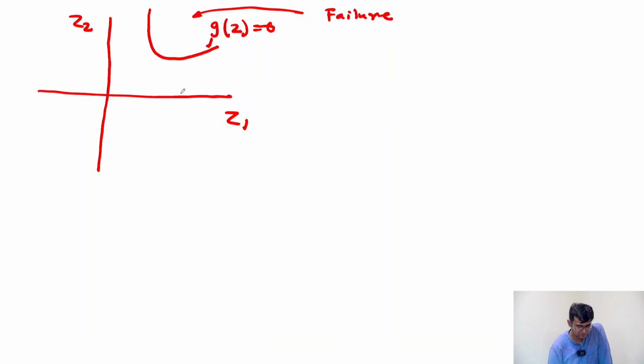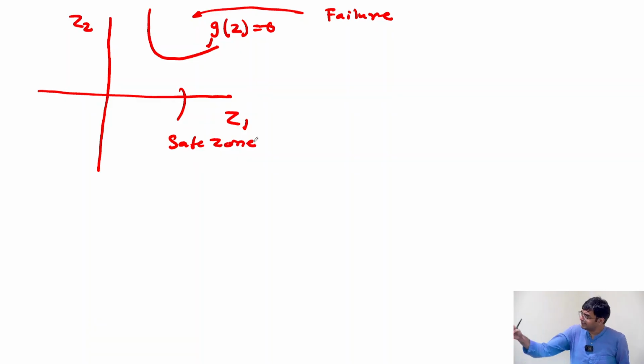And this, what you are seeing, is my safe zone. And you can imagine that if the curve moves towards the failure zone, the area will reduce. So as a result, the probability of failure will reduce, reliability will increase because the distance is increasing. So from the definition of beta, you can easily follow that, right?